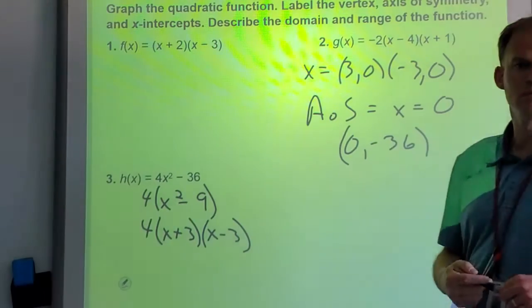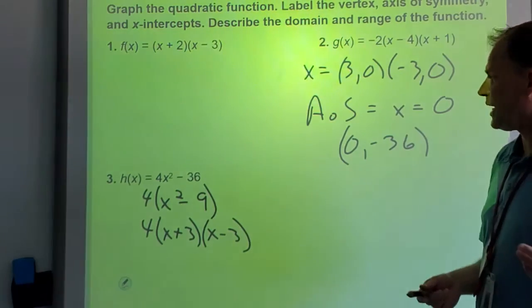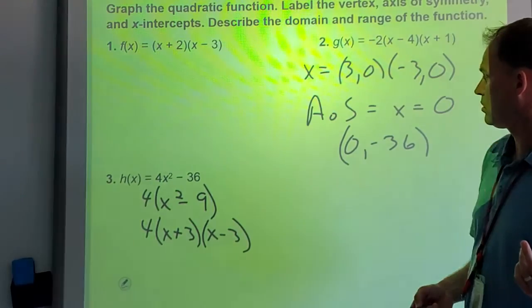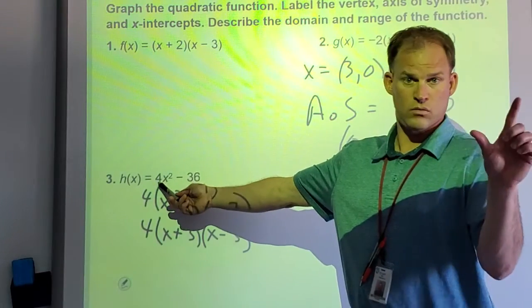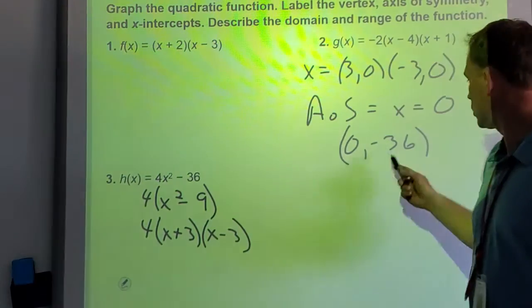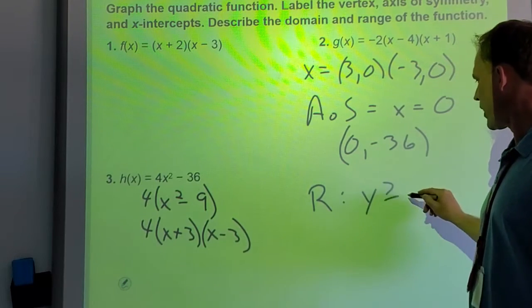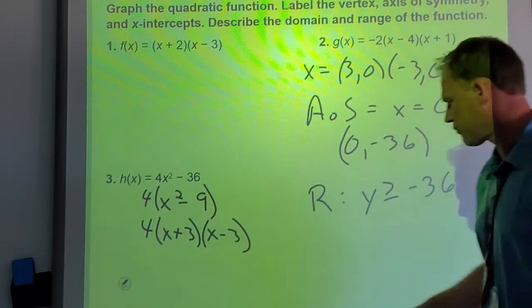That's an easy one. All right. So domain, reals, range. Is this one curved up or curved down? Curved up. So my range is greater than or equal to negative 36.